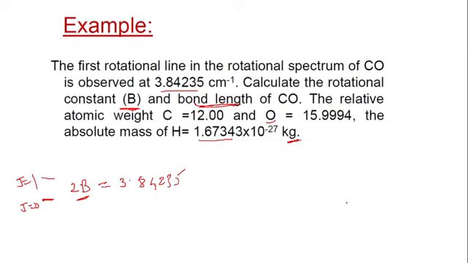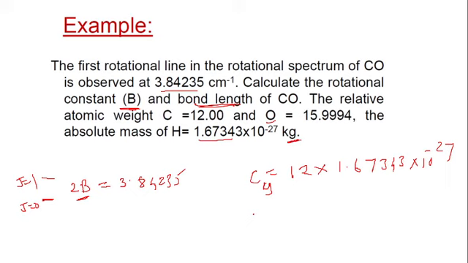That means we have to find the mass of carbon in kg, which is equal to atomic weight of carbon into the absolute mass of hydrogen, which is equal to 1.67343 into 10 raised to minus 27.